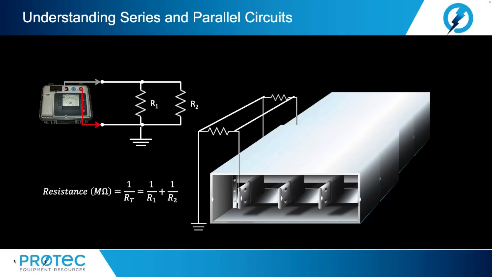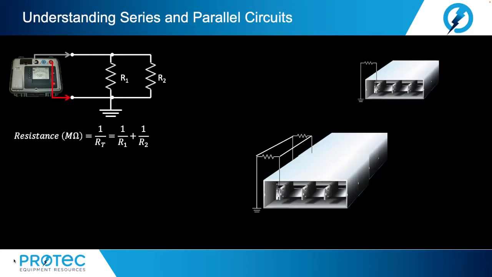Therefore, the total resistance of segment 1 plus segment 2 is the reciprocal. We have to take 1 over the total resistance, which is going to equal 1 over the resistance of R1 plus 1 over the resistance of R2.